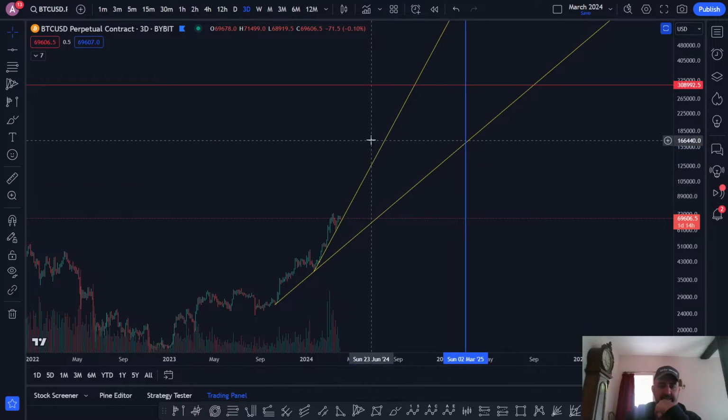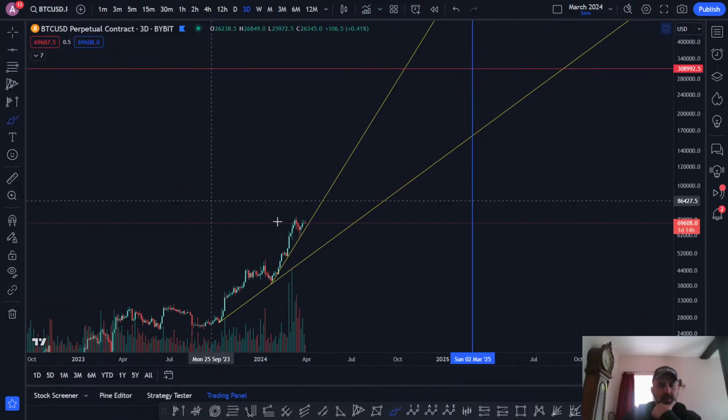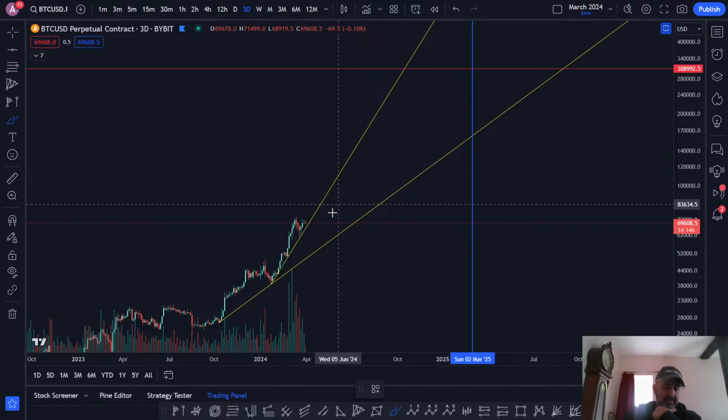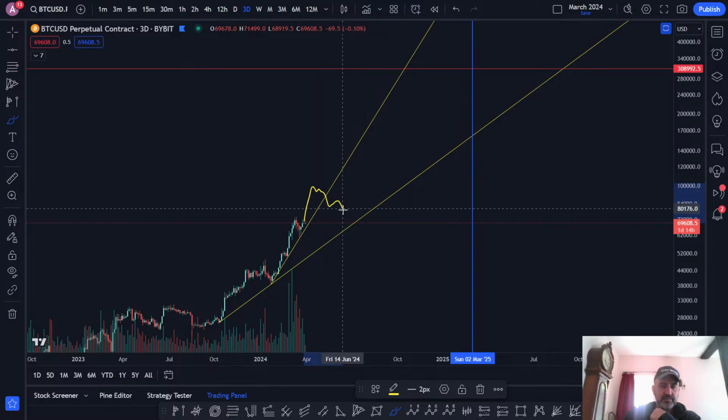So what I'm thinking is this. I don't know how this behaves, but let's say for the sake of argument we do go up. Then we lose that trend line. We'll come back into this one. This is our main trend line, and then we just follow this trend line up.